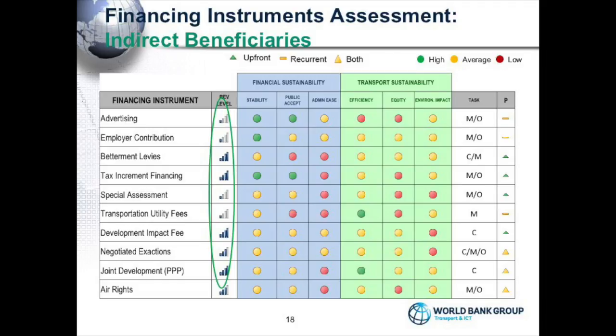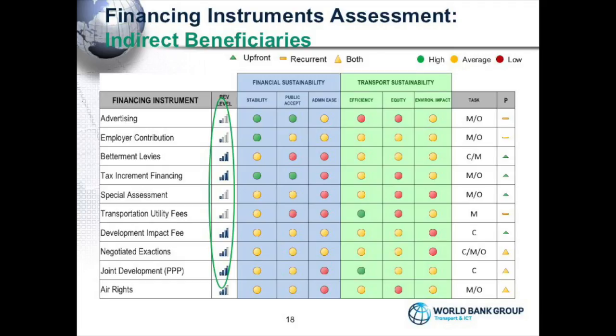From Spanish, it's been translated into English, valorización, valorization, special assessment, transport utility fees, and so on. Many are under the heading of value capture. Again, a very interesting source of revenue. But the political aspect is also difficult.